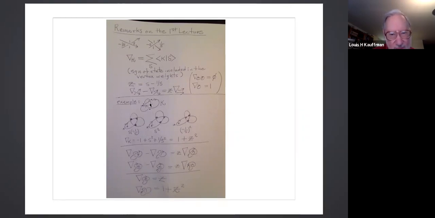With this state, with a forward and an ingoing, and they're all positive crossings, you get an s from one and a minus 1 over s from the other. In this one, you get an s and you get an s, and in this one, you get a minus 1 over s twice, so you add them up, and that's equal to 1 plus z squared, z being s minus s inverse. So that provides a state summation model for the Alexander-Conway polynomial.